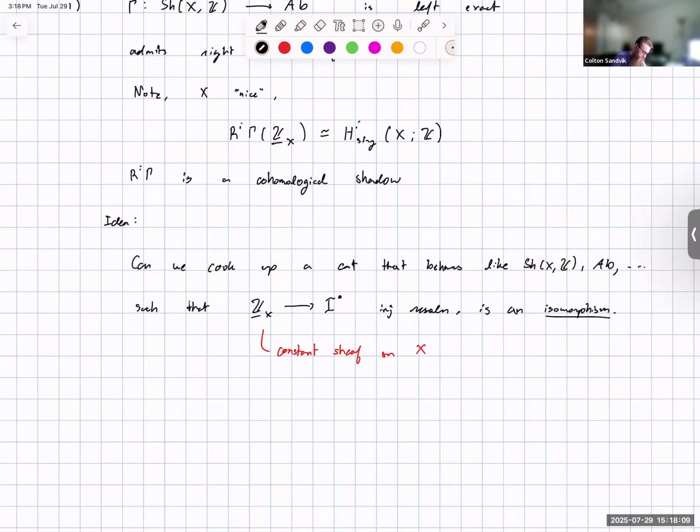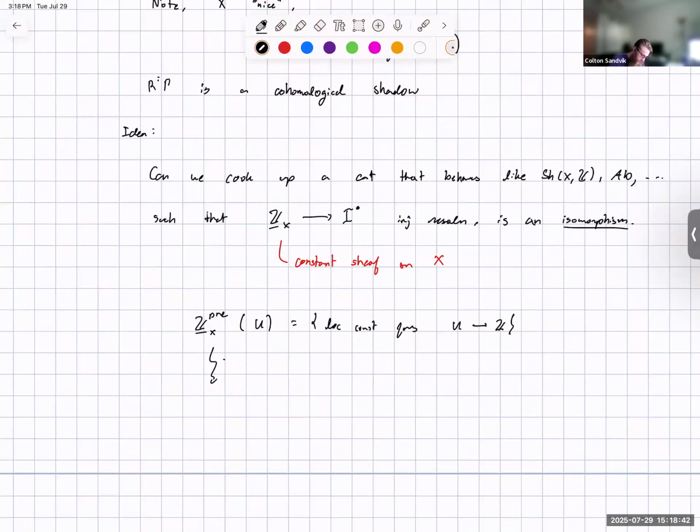Of course, if you haven't seen it, there's an obvious thing that you can define, which is usually wrong for the constant sheaf: a constant presheaf, which is just going to be locally constant functions on U, and then we can sheafify to get the actual constant sheaf.